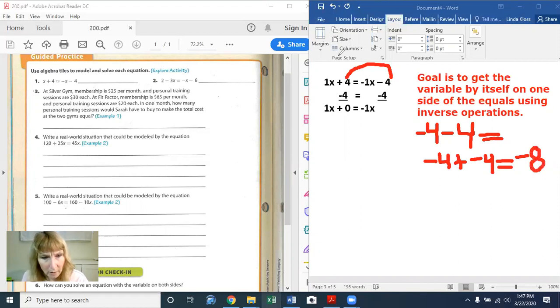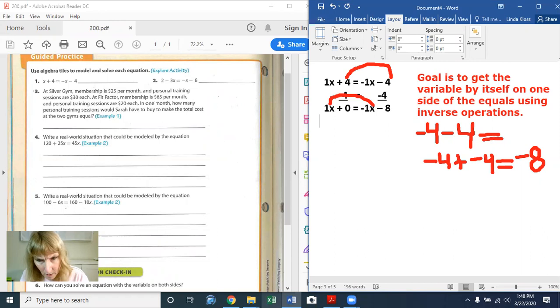So if I go back to my equation, I still have my negative 1x minus 8. Okay. Next step is now to get the negative 1x over to this side of the equation. So to do that, I'm going to use inverse operations.